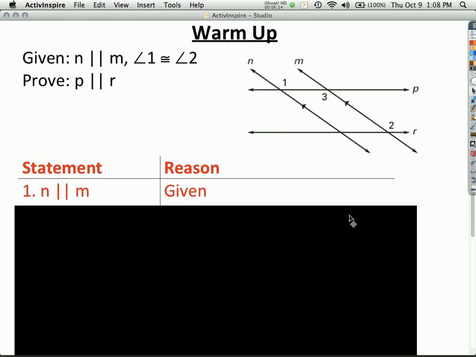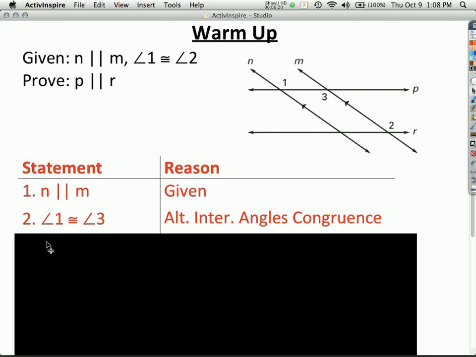And what did you do, Ziamar? Okay. So I went here. Angle 1 is congruent to angle 3 because of the alternate interior angles congruence theorem. It doesn't matter, necessarily.